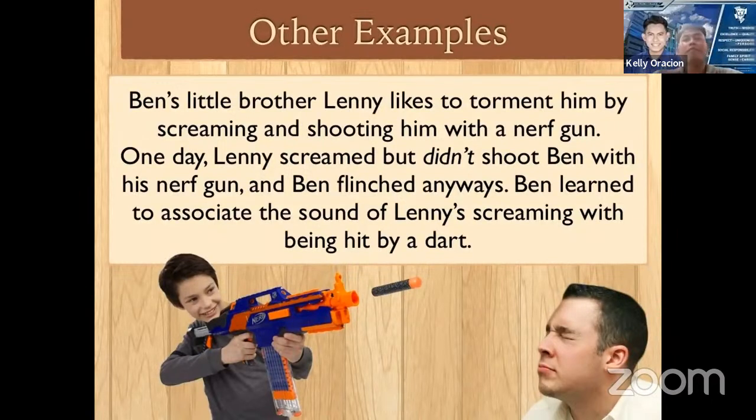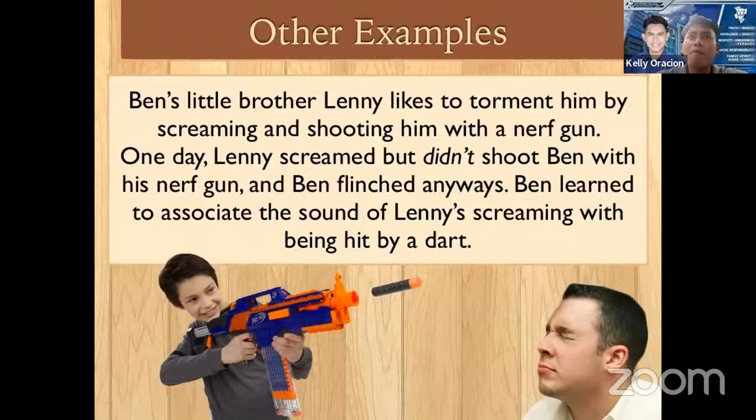Just like this one: Ben's little brother Lenny likes to torment him by screaming and shooting him with a Nerf gun. One day, Lenny screamed but didn't shoot Ben with his Nerf gun.